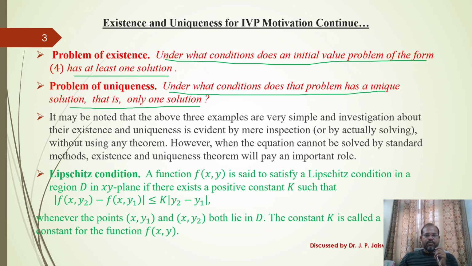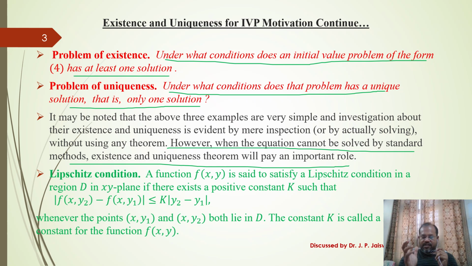Here we have seen very simple problems, but for realistic problems it is not possible to solve them very quickly. So at least we can ensure, without using methods, whether a solution exists or not.